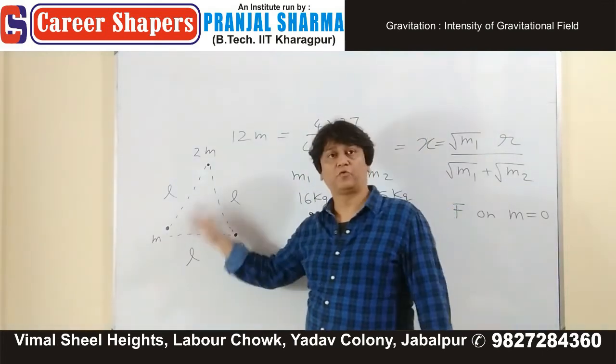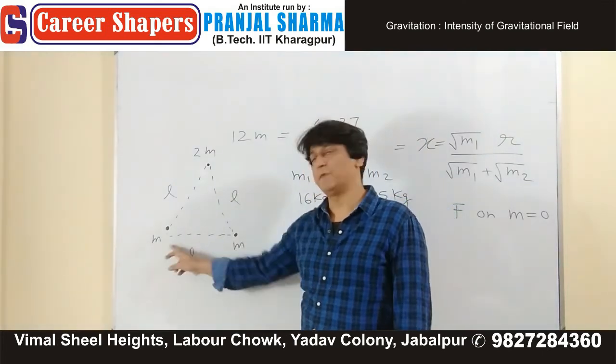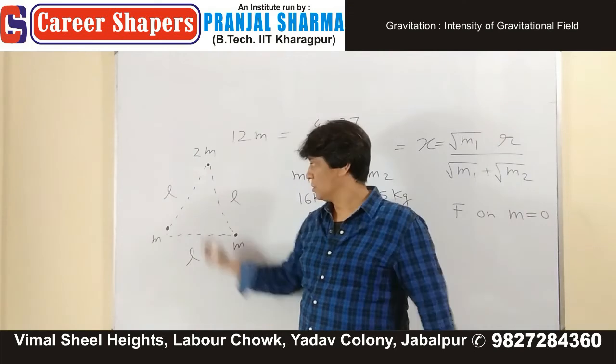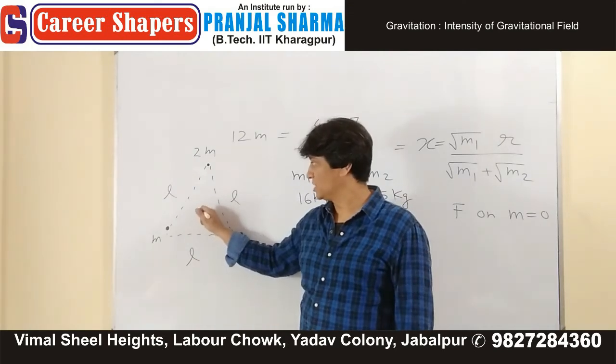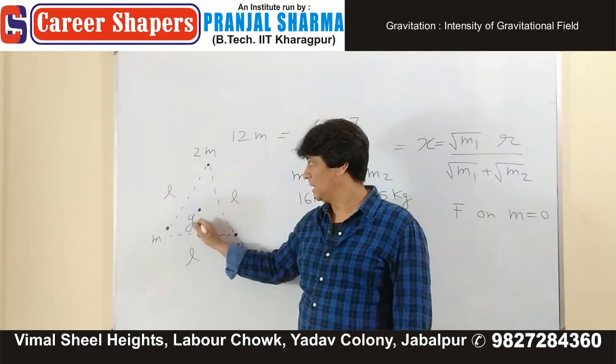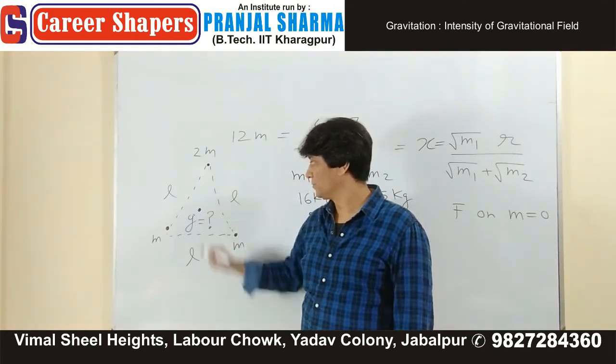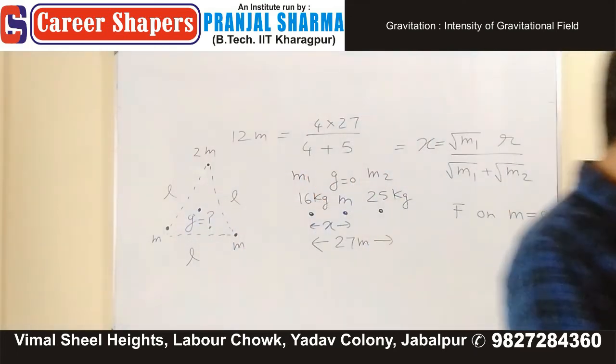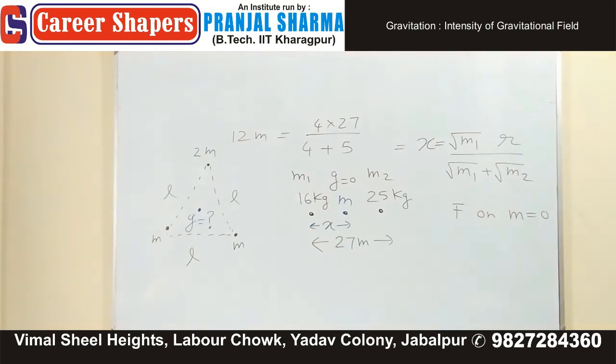This time all three are not same. These are same M, M and this is 2M. What is gravitational field at the center? Let's see how many of you will answer this. There are 3 point masses forming an equilateral triangle and masses are m, m, 2m. What is gravitational field at the centroid?